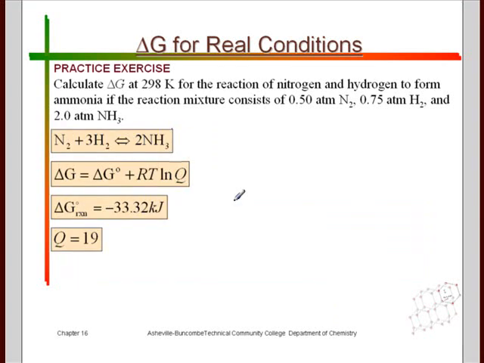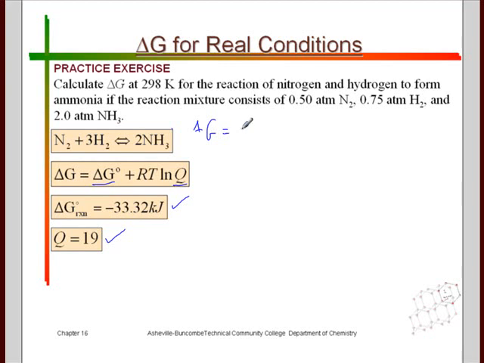So now that we have all the components in front of us, we have our delta G at standard conditions, we have our Q value. All we have to do is plug these values into our new expression to get the final answer. Let me do that.